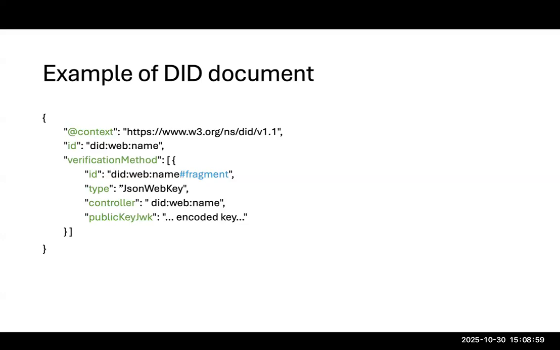Of course, you can add service. If you remember, there is also the property service to provide information to the resolver about the URL to contact for starting interaction with a particular service.